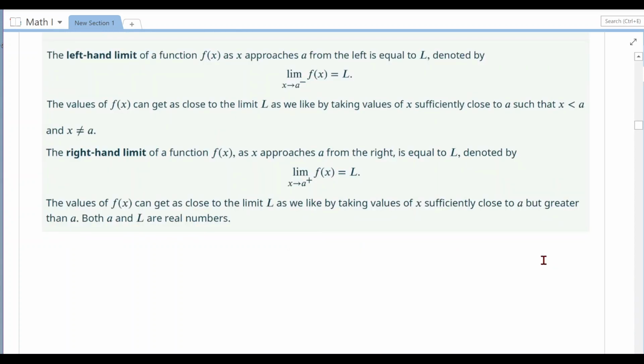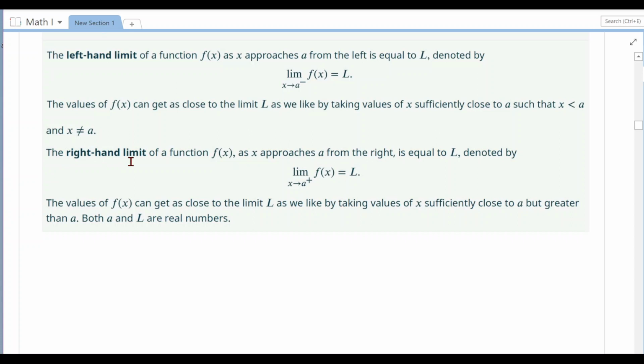The left-hand limit of a function f of x as x approaches a from the left equals L, written as the limit as x approaches a from the left, with the negative sign, of f of x equals L. The value of f of x can get as close to the limit L as we like by taking x sufficiently close to a such that x is less than a but x is not equal to a.